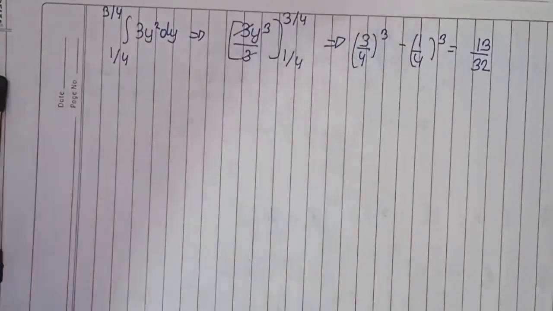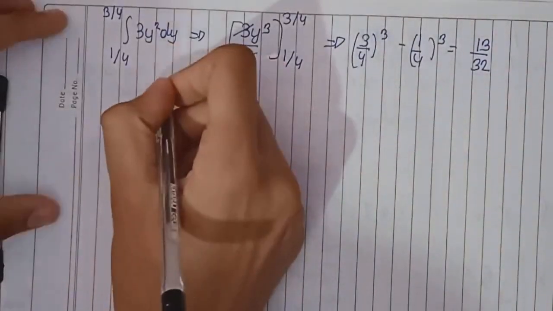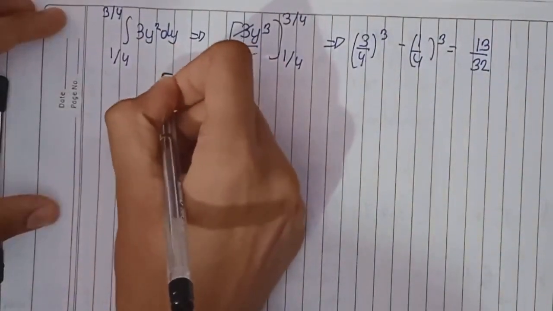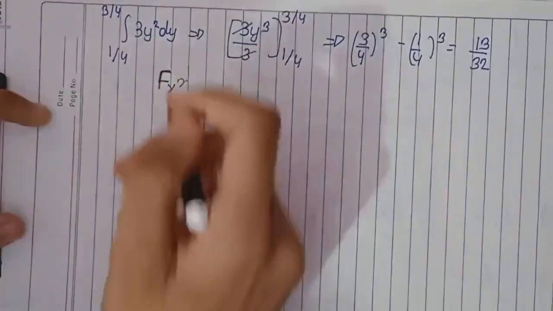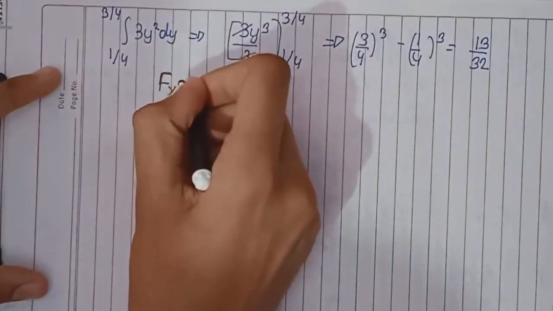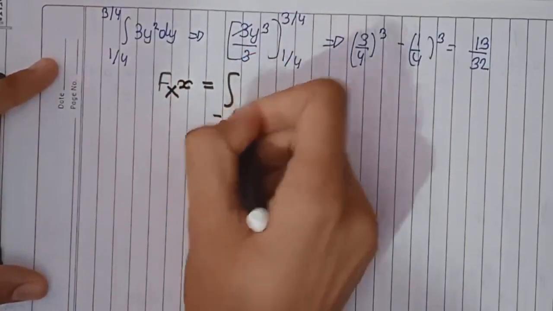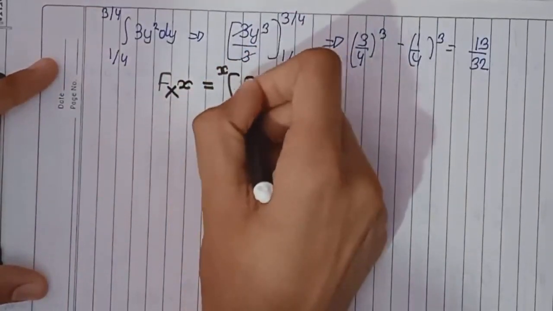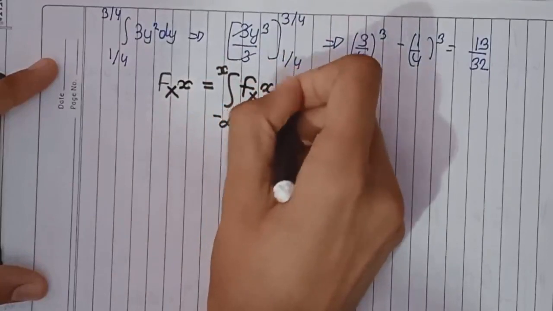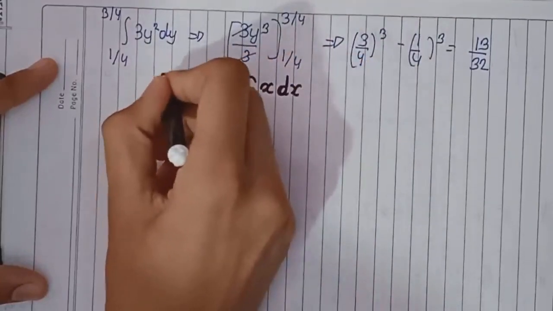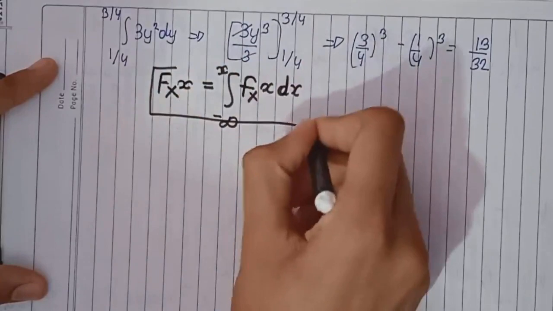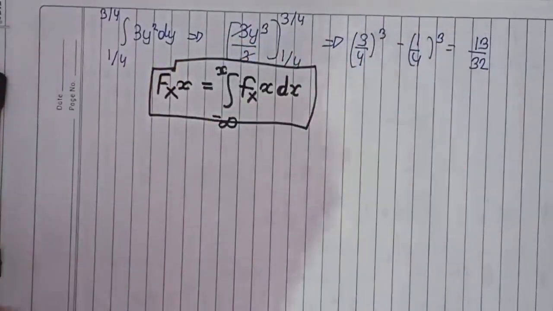So now, as I told you in the previous session on CDF, we will understand this property of CDF, which is that CDF is equal to the integration of the PDF from minus infinity to x. Now we can understand this property from this example itself.